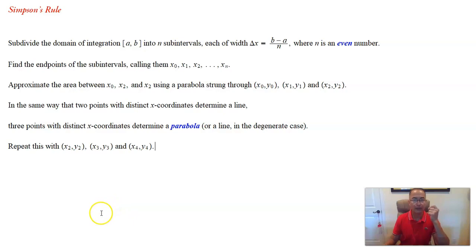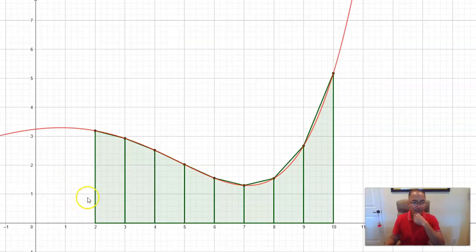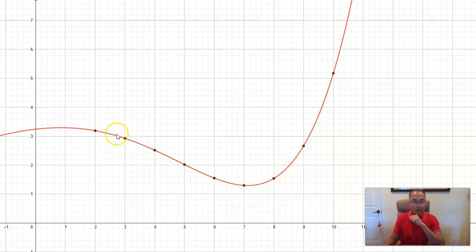So let's go back to GeoGebra and let's see exactly what is going on over here. All right, so we're back where we left off, and we still have the trapezoids from the trapezoid method. So we're going to hide that. What we need are the points on the graph, right?